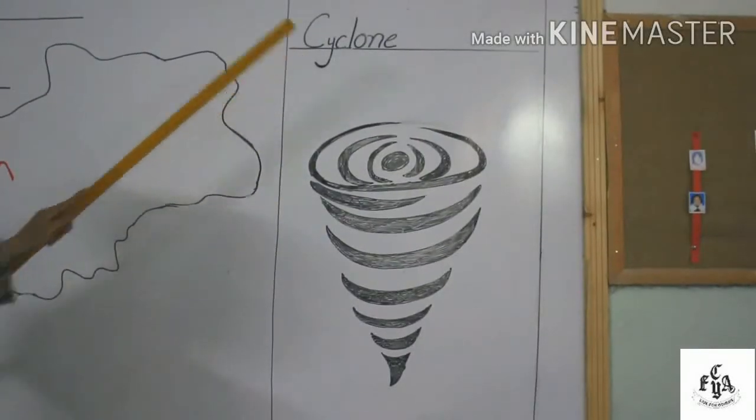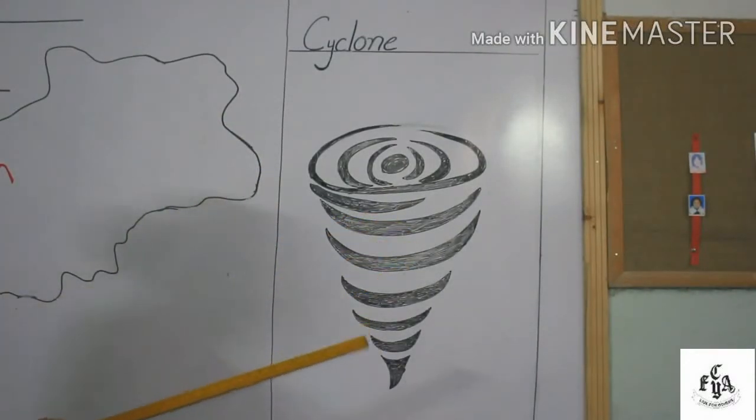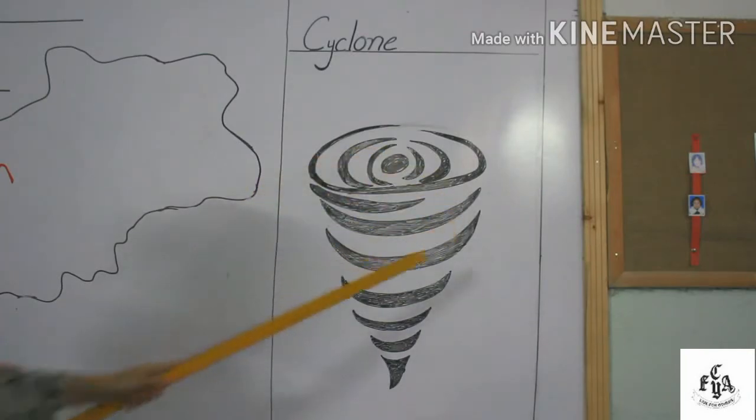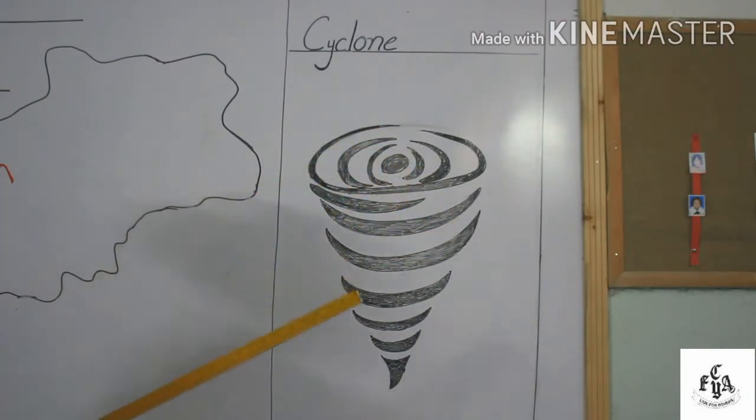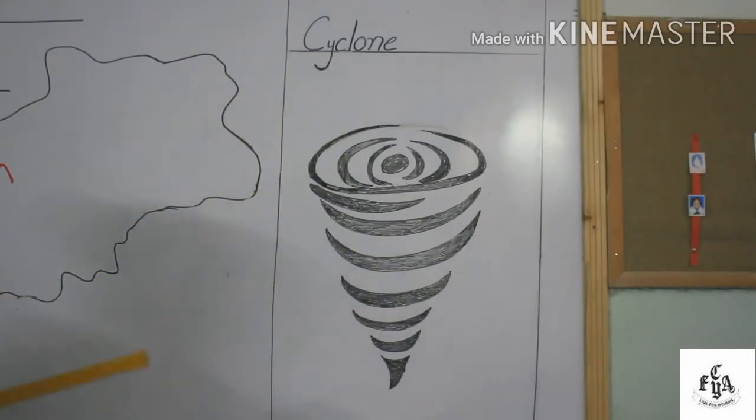Topic is cyclone. Sometimes the winds start blowing in circular motion, which is called a twister. But if this circular wind covers an area of several kilometers, then it becomes a cyclone. Now how does the cyclone form?